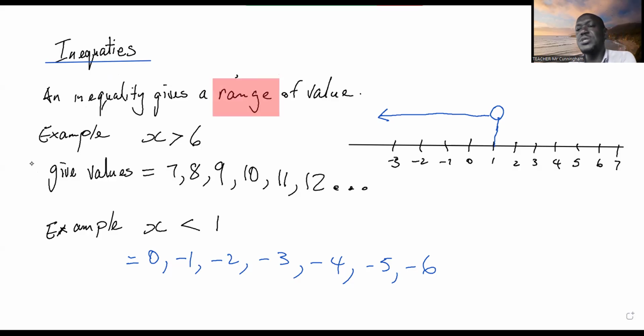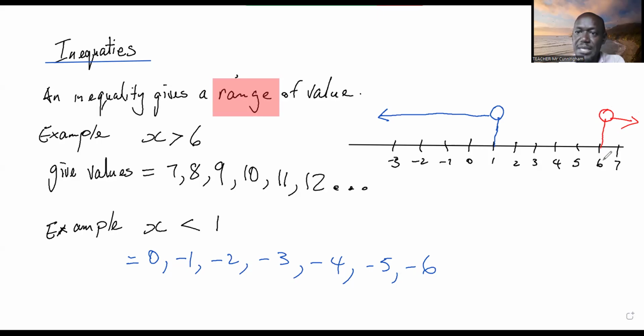So a range of values represents numbers, values that are much more than just one standard number. So x could be equal to 6, but that's 6. But for inequalities, you have a range of values. For example, if you have x is greater than 6, my number line can't show it, but I start from 6 and I move on.